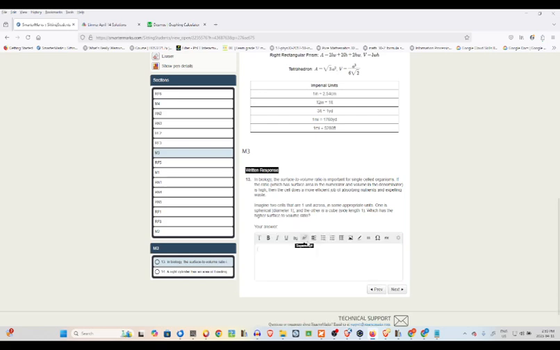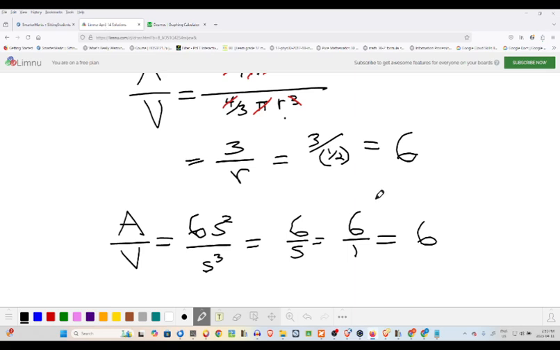So here, the surface to volume ratios are equal. We don't have one that is greater than the other. We do need to see this work in order to get full credit. But yes, the surface to volume ratios are equal at this stage.